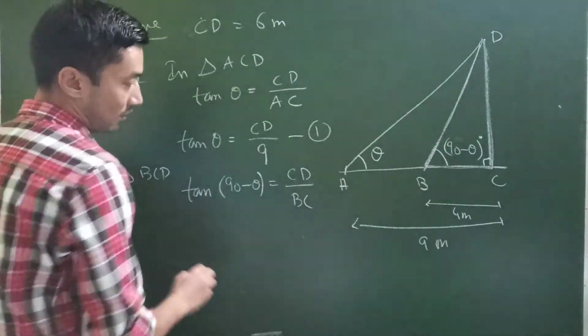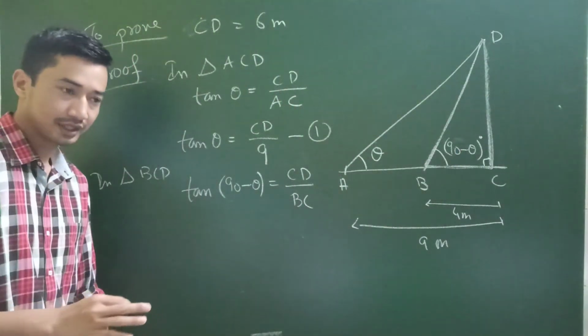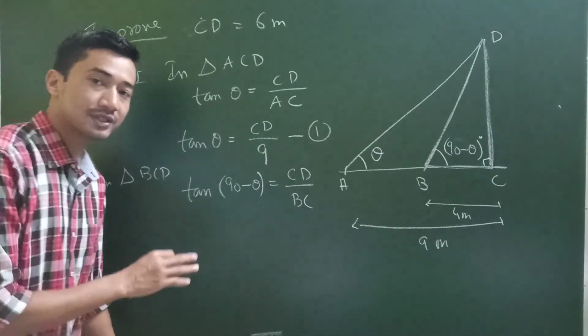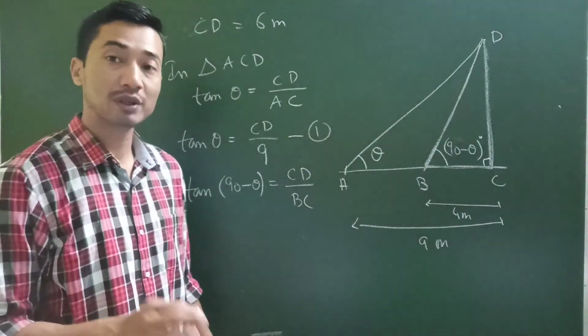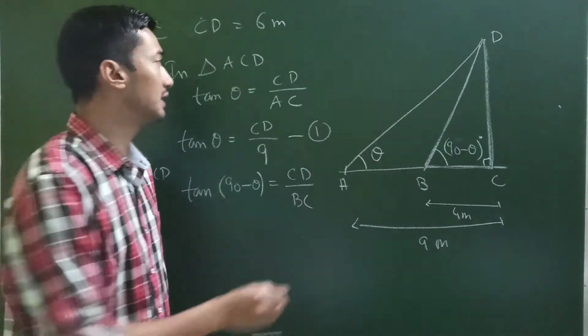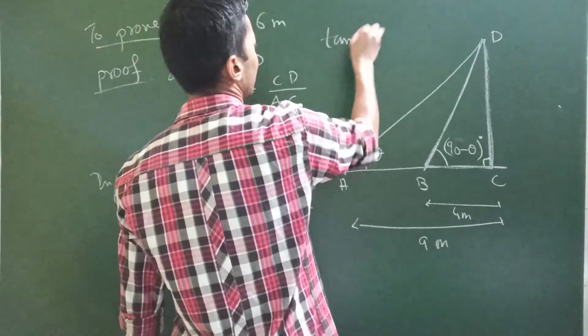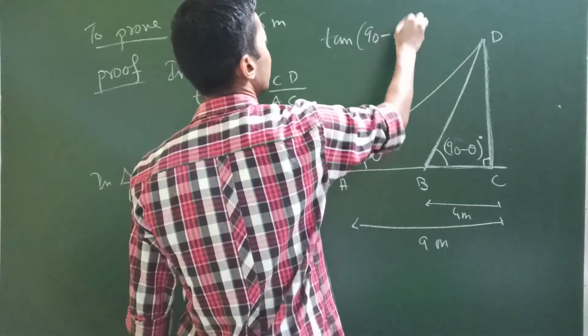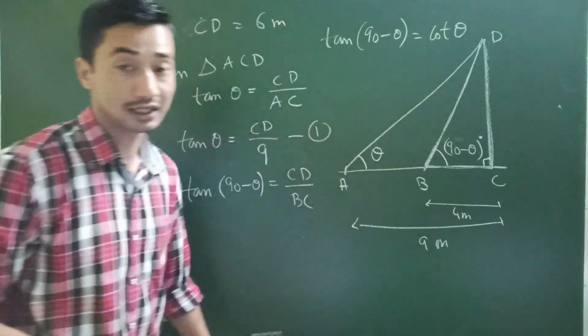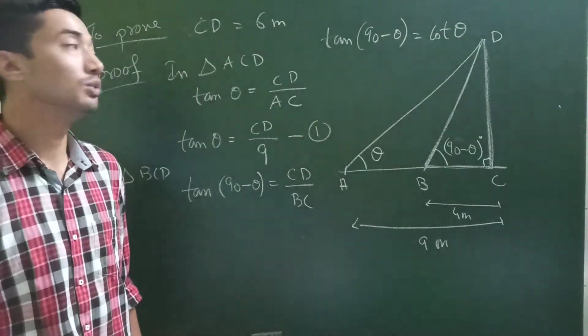Now, the twist here, the key. In the previous chapter, we have studied from complementary angles of trigonometry that tan of 90 minus theta is how much? Cot theta, and that application we will use here.